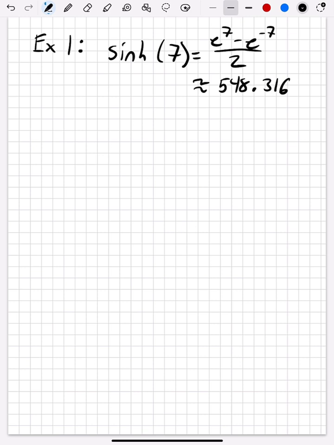Okay. Now this is a calculus course, obviously, so let's find a derivative also. So let's say that we have something like f of x is the natural log of, we'll say, the hyperbolic cosine of x. Okay. All right.